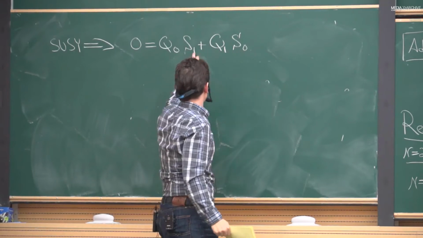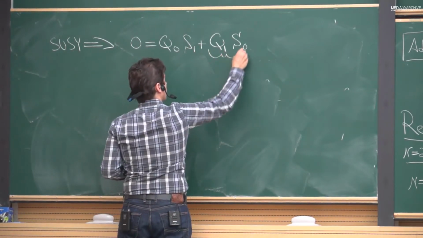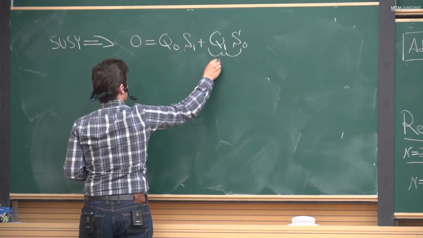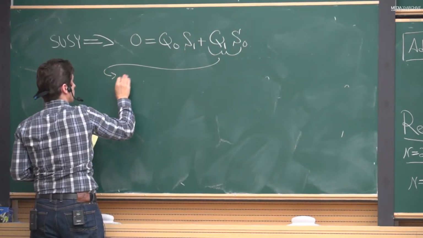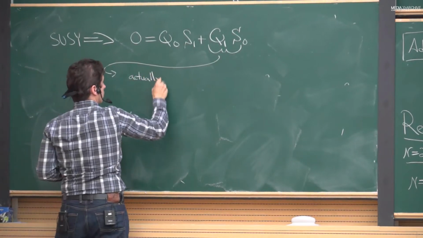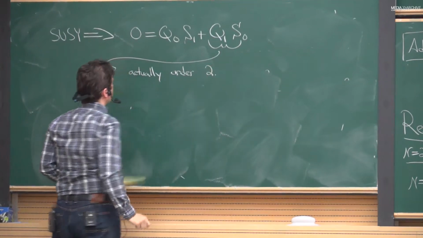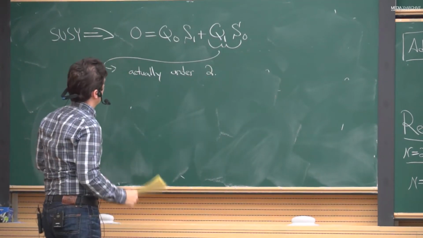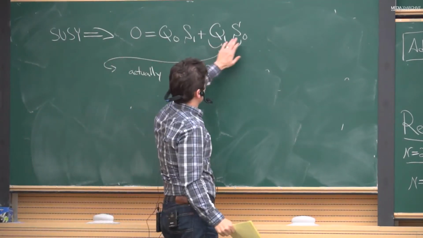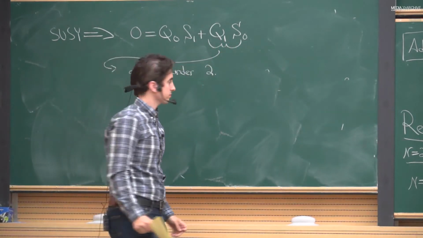So far I haven't told you anything about Q1. I've only told you about S1. But I claim that this term here is actually secretly higher order. So why is that? Well, it's because Q1 acting on S naught is some variation of the action.